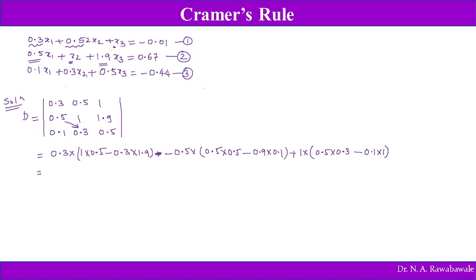On simplification, we get this determinant as minus 0.0022. So this is the value of determinant D. Now again taking determinants A1, A2, A3, we can get the determinant A1.